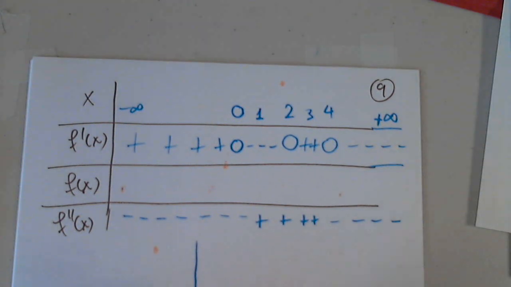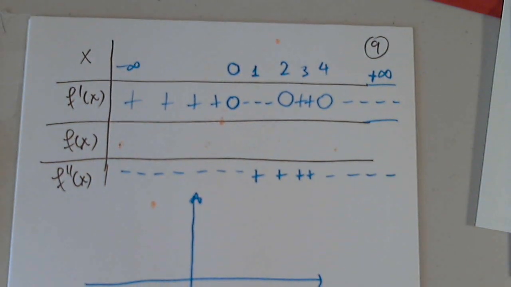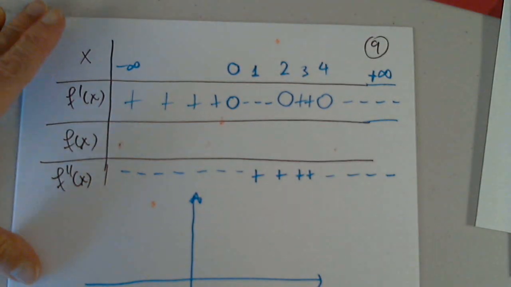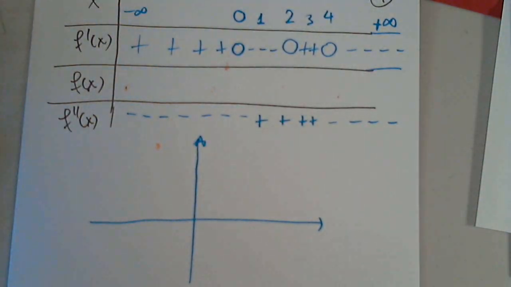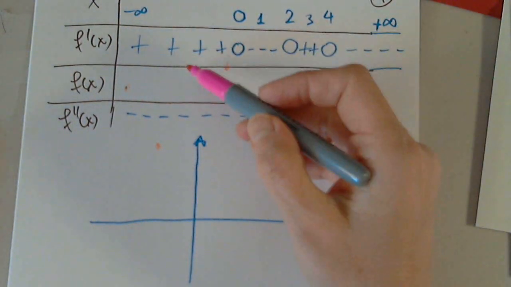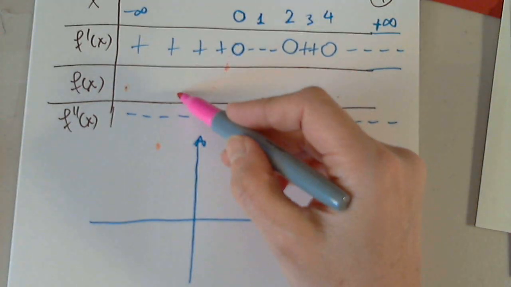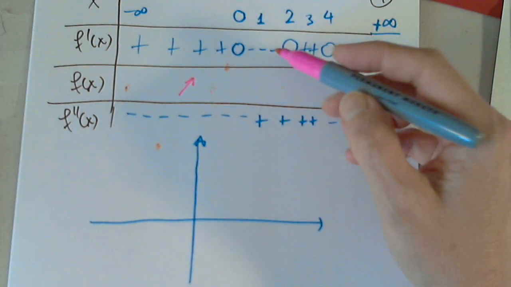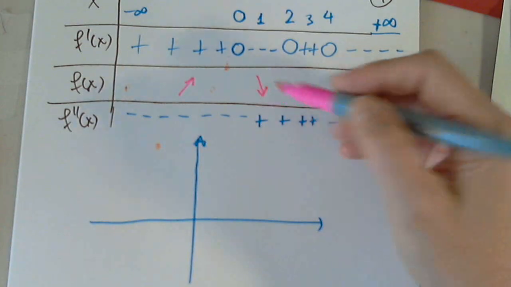So let's come up with a graph. It all makes sense after we summarize it. Okay, so let's see. Obviously, when the derivative is positive, the function has to be increasing. When it's negative, it has to be decreasing.